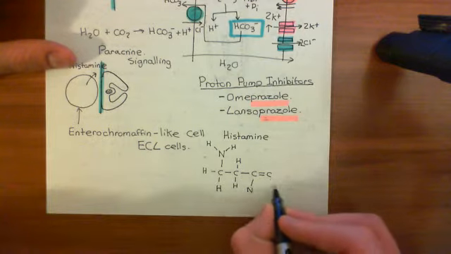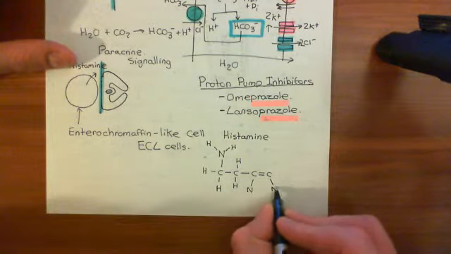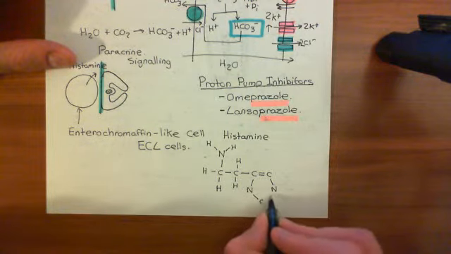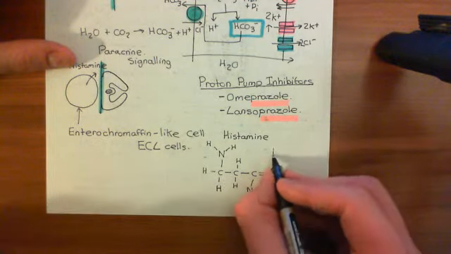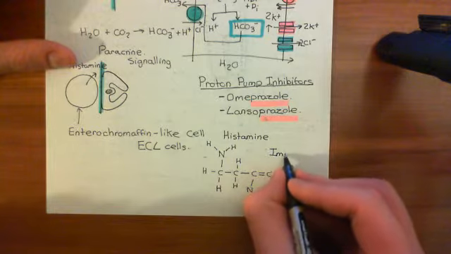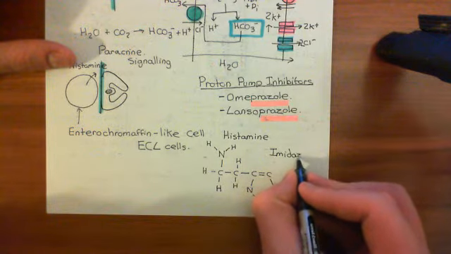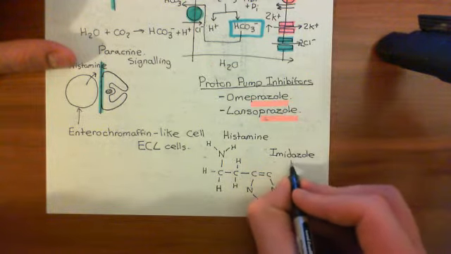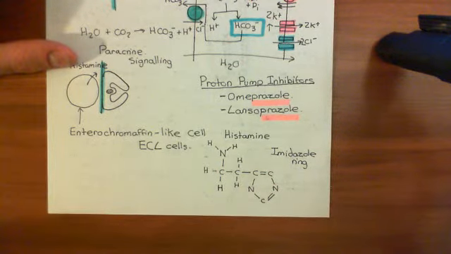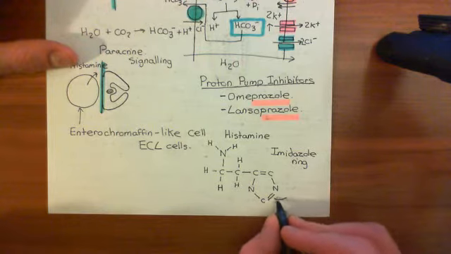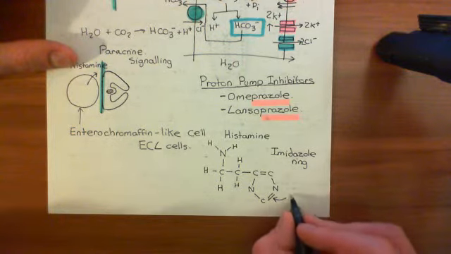Now an imidazole ring is basically a 5-membered ring where 2 of the members are nitrogens and 3 of the members are carbons, and you have these 2 double bonds. So this ring that I'm drawing here is called an imidazole ring. The reason it's called an imidazole ring is that it's got this special double bond here between the carbon and the nitrogen.